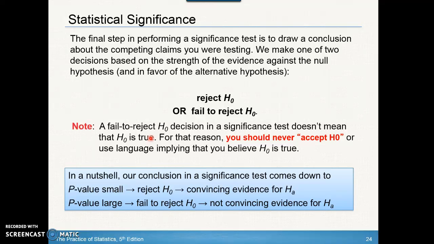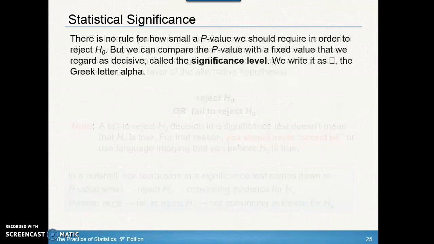Okay, so basically, in a nutshell, our conclusion in a significance test comes down to this: if you have a small p-value, we're rejecting the null. We have evidence for the alternative, but remember, we're never saying we accept the alternative. If the p-value is large, we're failing to reject the null. That means we don't have convincing evidence for the alternative, but we're also not stating that the null is true because we don't know for sure.